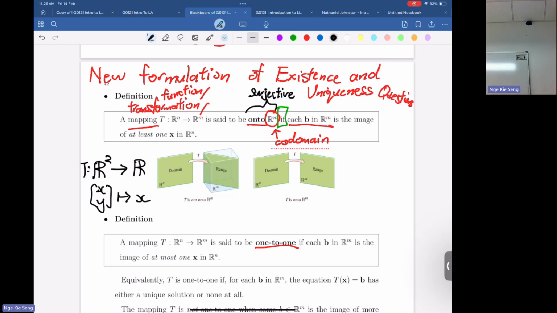Why is this onto? To show onto-ness, you need to show me that for anything in my codomain, there is something that maps to it. If you give me x, what's the thing that maps to x?